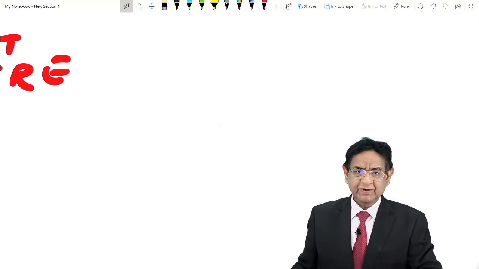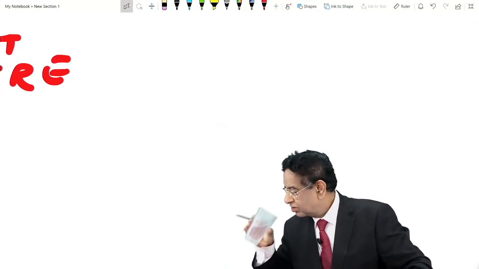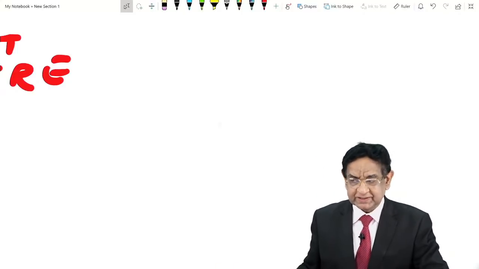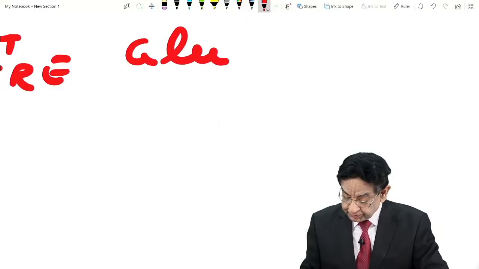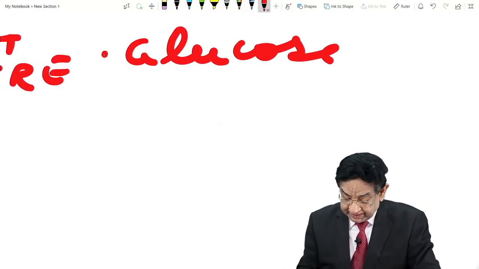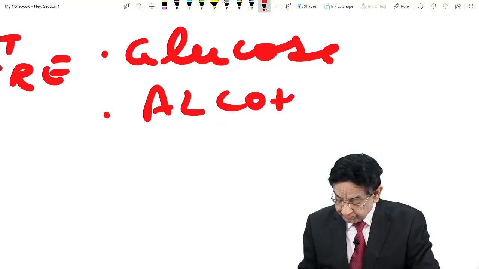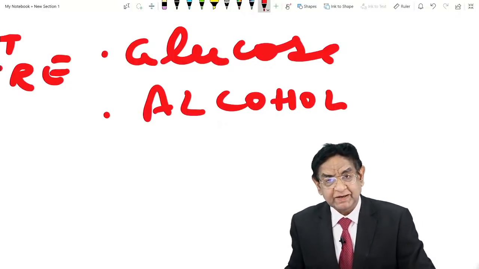Quickly, which food elements are absorbed in stomach? Well, I'm sure you have written the answer. Answer is glucose. Pure glucose, not starch. And second is alcohol. Alcohol also gets absorbed in stomach.